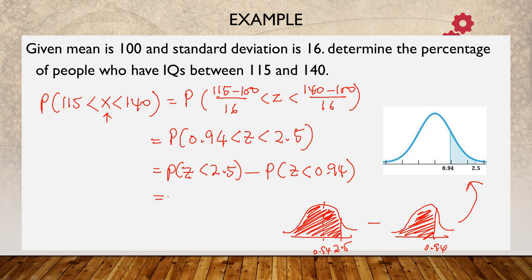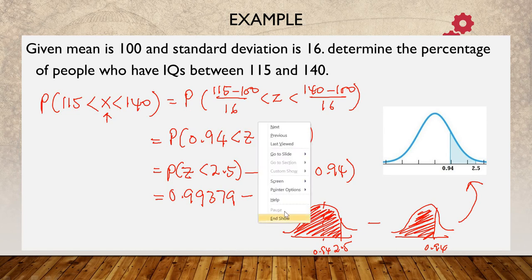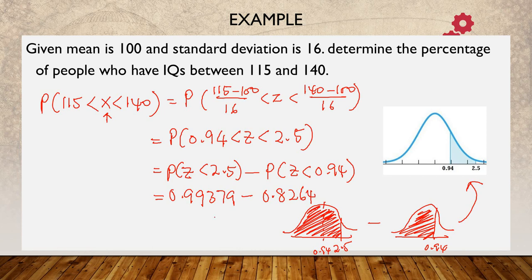So 0.99379 minus 0.8264, which gives 0.16739. Okay.